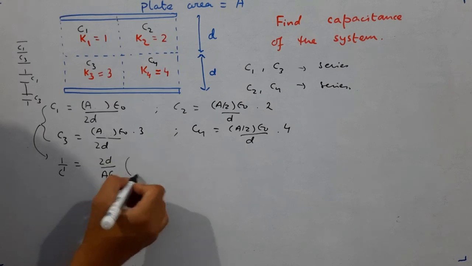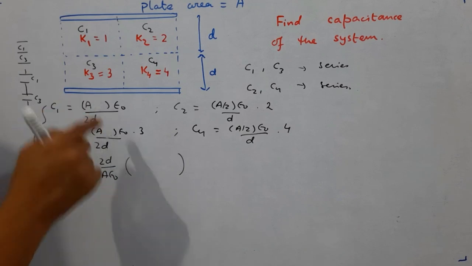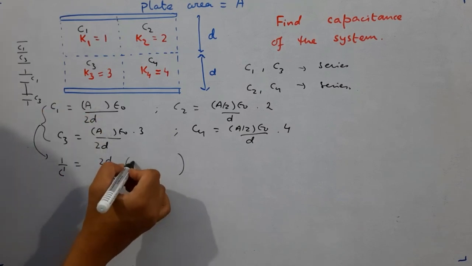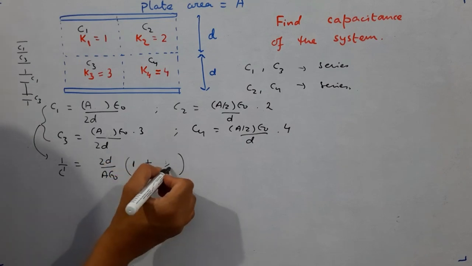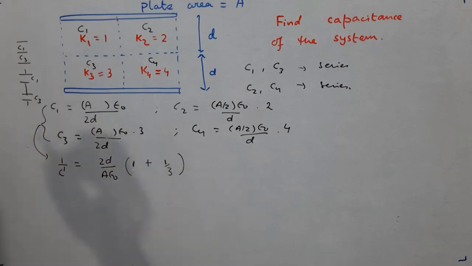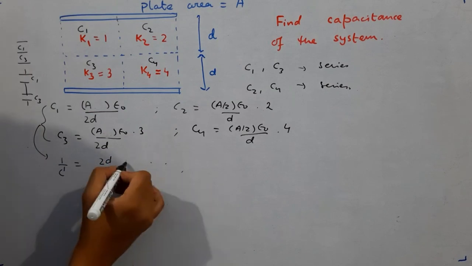So what will be left in 1 by C dash? 2d by A epsilon naught, 1 will be remaining here, plus 1 by 3. Is it clear? So 1 plus 1 by 3 is nothing but 4 by 3.